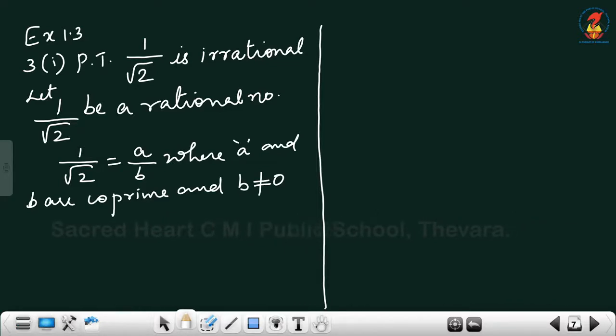So we can write root 2 a is equal to b. Squaring on both sides, we are getting 2a square is equal to b square.